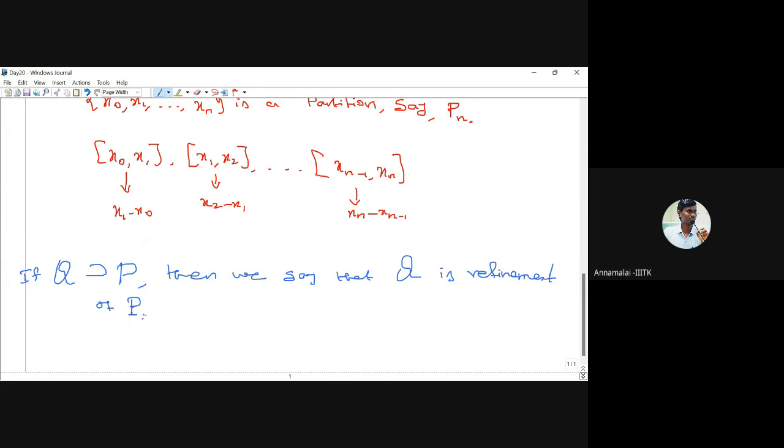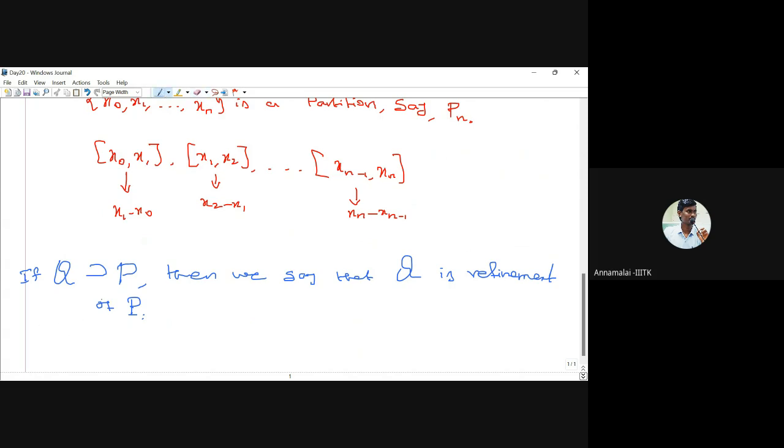Now another definition. Suppose we have two partitions P1 and P2 of the closed interval [a, b].